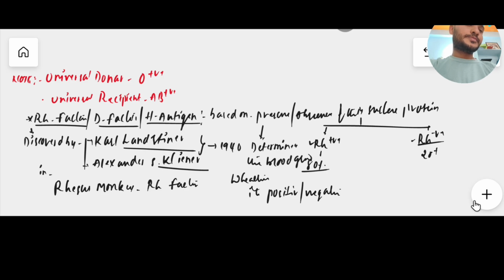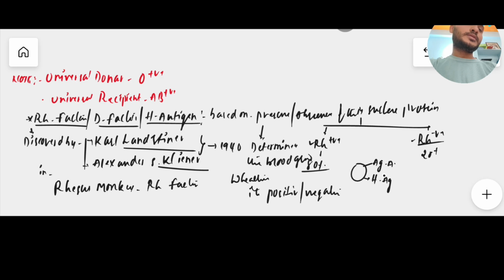For example, say this is RBC, so on RBC we have antigen A, and also we have one more antigen, that is H antigen.